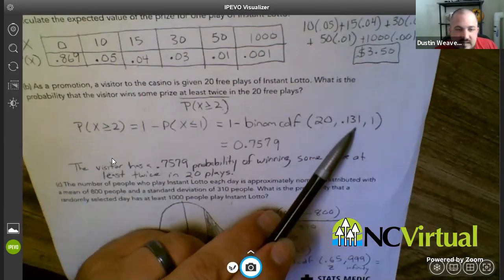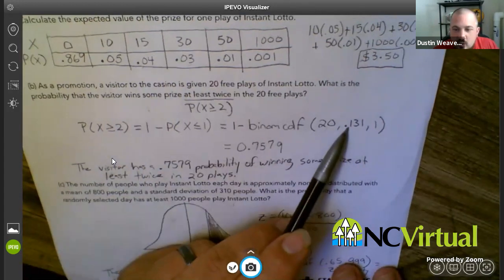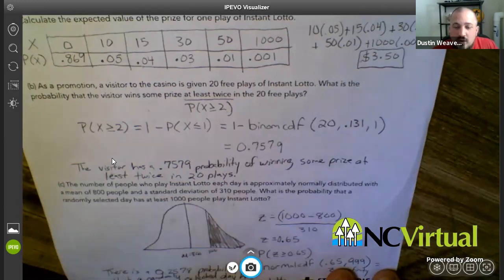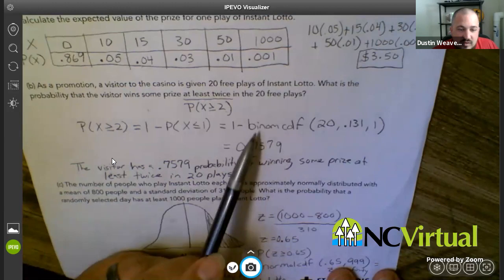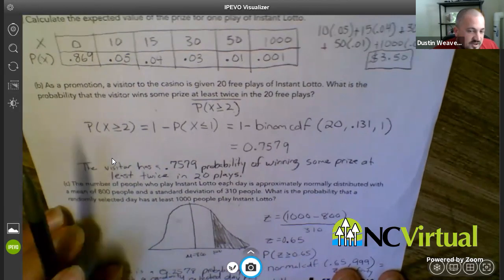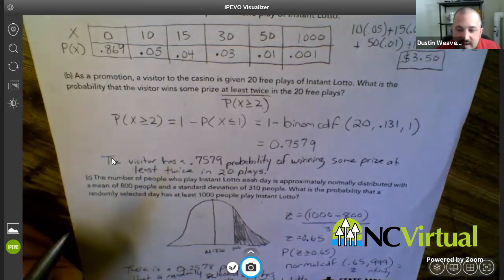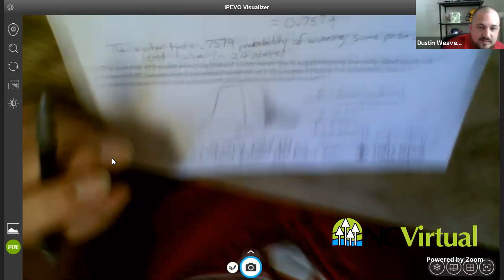The probability of winning some prize, if we add up all the prizes, is 0.131, and we want to take away the chance of them winning up to 1, 0 or 1 prize. And so we get 0.7579. That's what we're left with. So that means the visitor has a 0.7579 probability of winning some prize at least twice in the 20 plays.